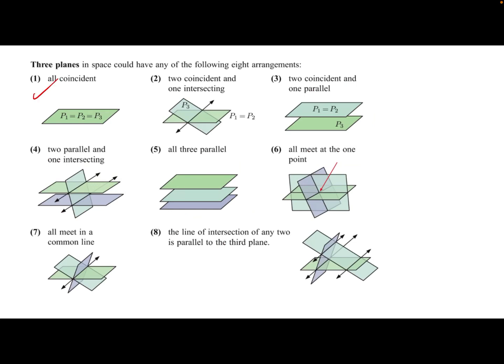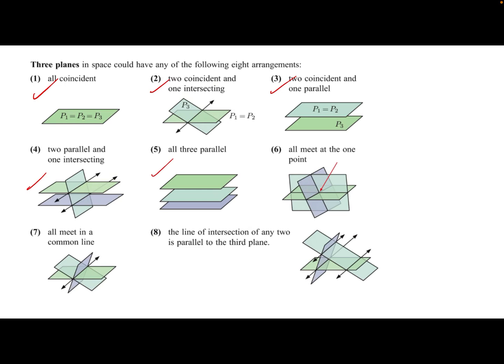So that covers off your first two. And I hope it would be easy to identify if you had that situation. Now you might have two parallel planes and then one plane that cuts across both of them. You might have all planes being parallel to each other. Certainly three parallel planes, I hope that would be easy to identify.